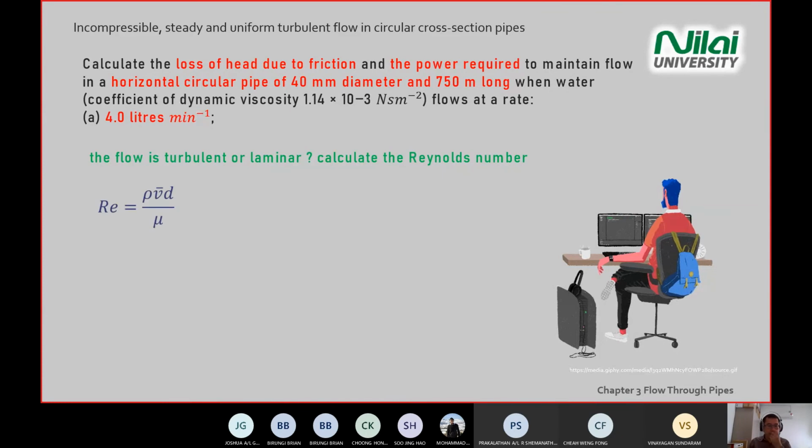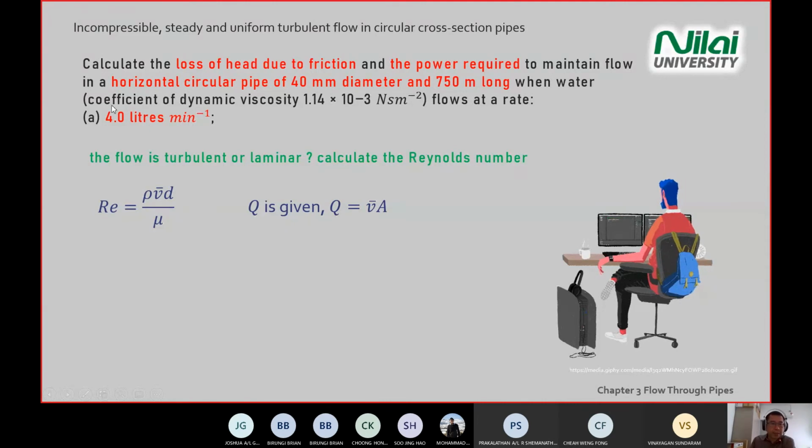So you plug in all the parameters for the Reynolds number. In this case, we have a Q, it is 4 liters per minute. Again, in the previous example, we already covered how to convert liters into meter cubed.